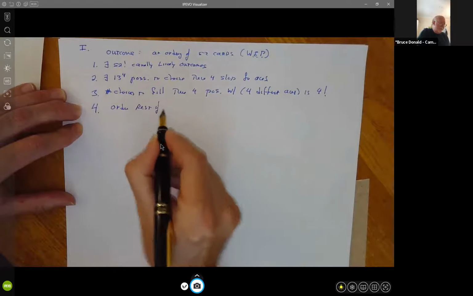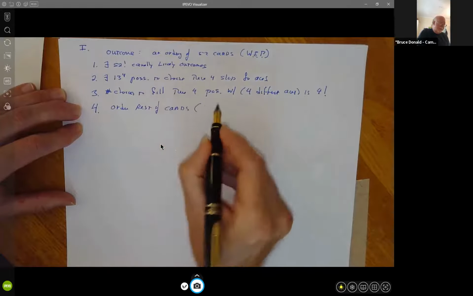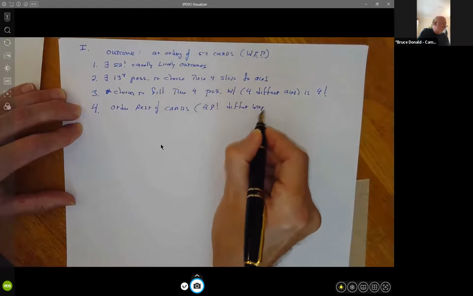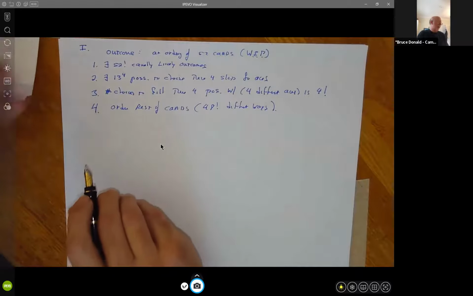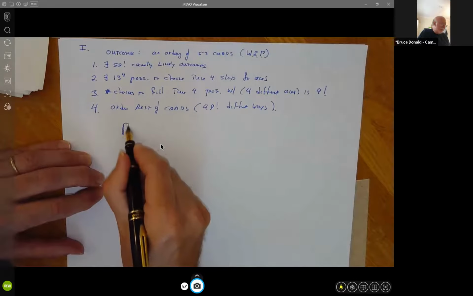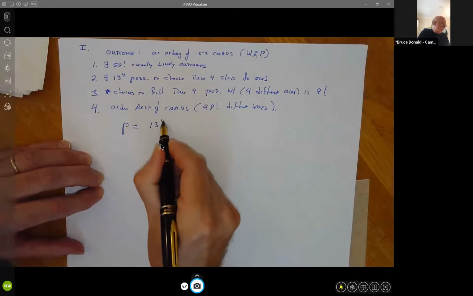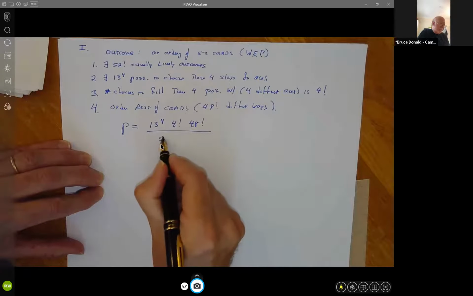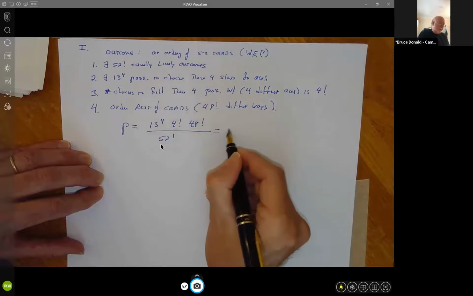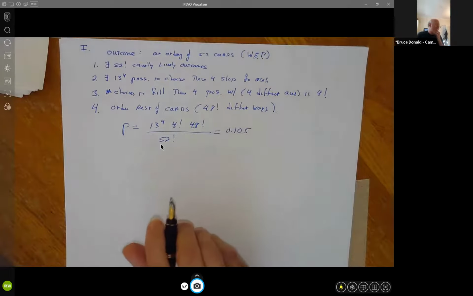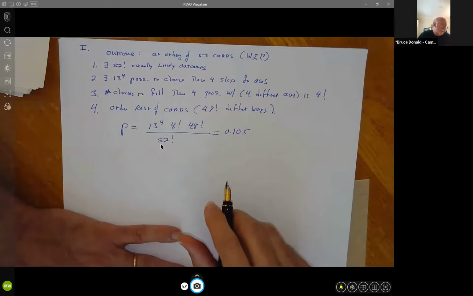By this calculation, we come up with the following, and I'm going to write it down and then justify it. The probability we get here is 13 to the 4 times 4 factorial times 48 factorial over 52 factorial, which again equals approximately 0.105.